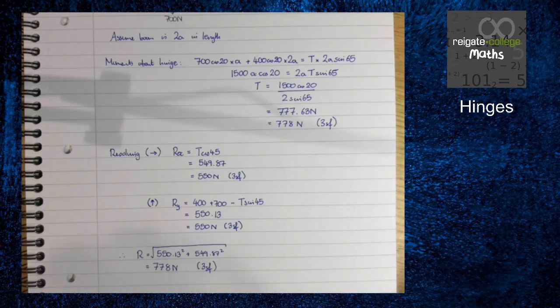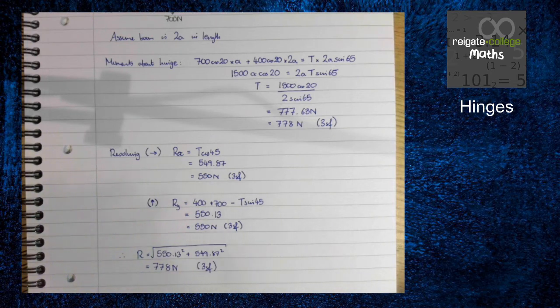Might be why is it important that the cable is taut, or why the rod is uniform, or how did you use the assumption the rod is uniform in your calculations? So the centre of mass acts in the middle. So all the assumption type questions that you're used to seeing with forces can come up again in these questions.